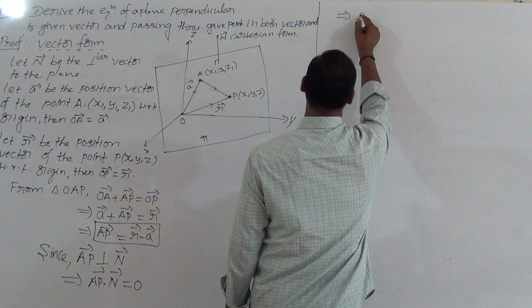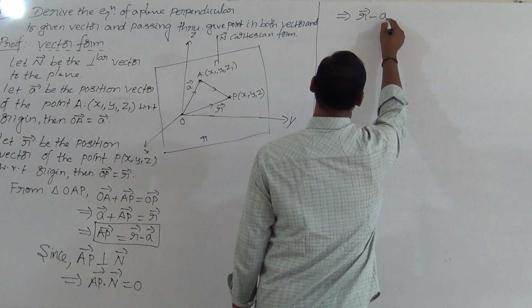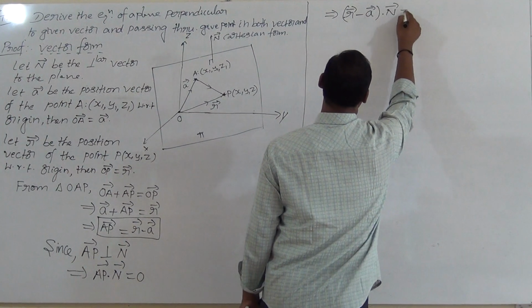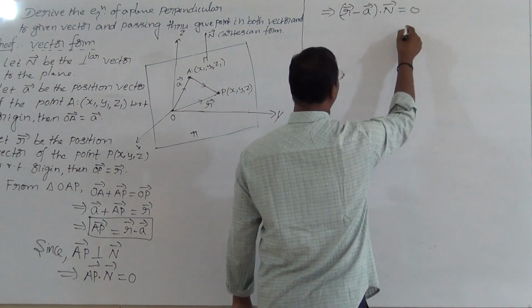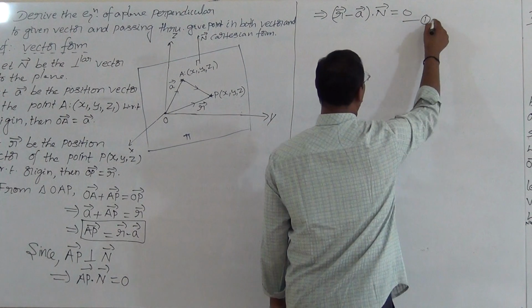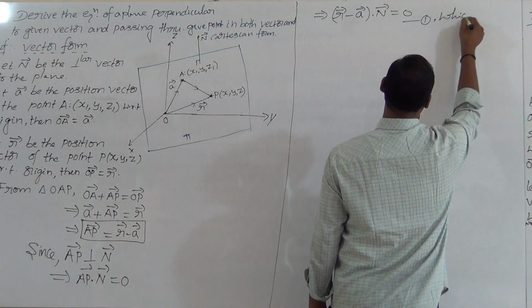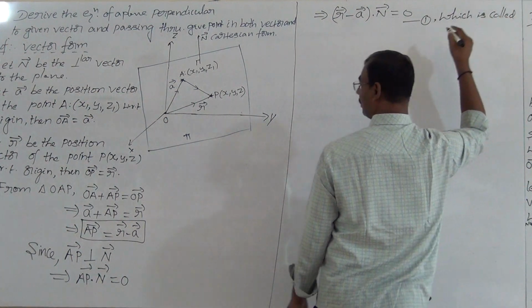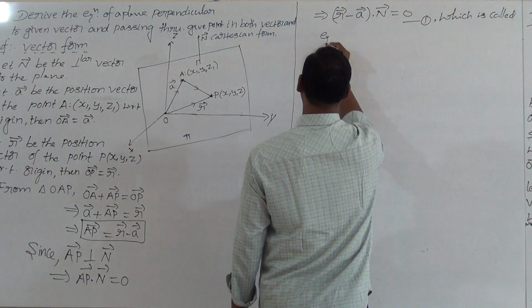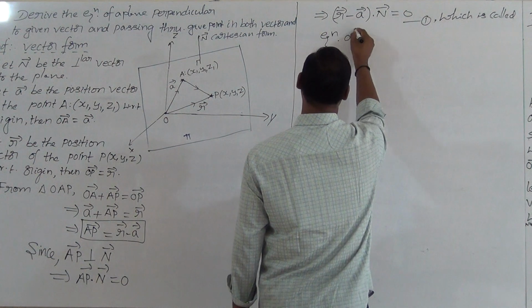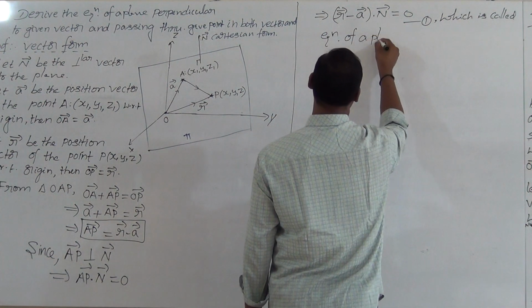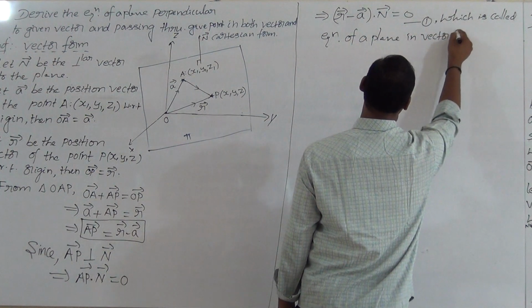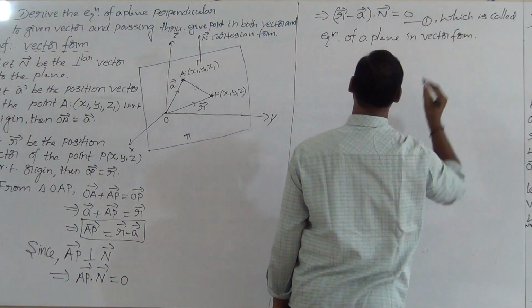This implies (R bar minus A bar) dot n bar is equal to 0, which is called the equation of a plane in vector form.